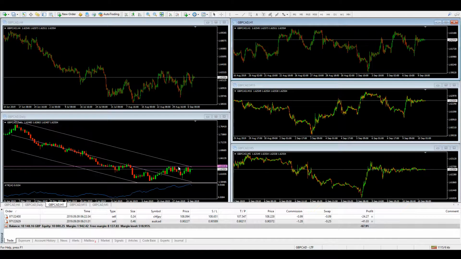But our lower time frames have stopped showing definitive signs of lower lows and lower highs. So it's the same as the one I spoke about earlier.